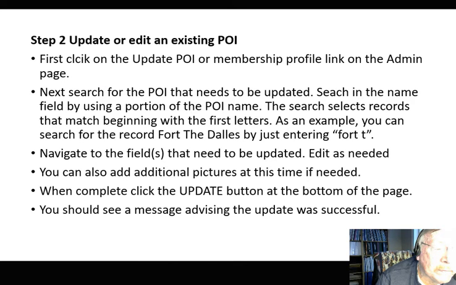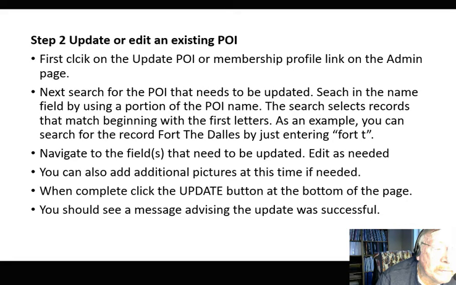Step number 2, update or edit an existing POI. What we're going to do here is to update a POI or a membership profile. The next would be to search the POI that needs to be updated.